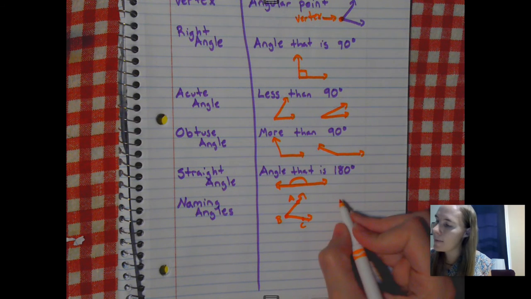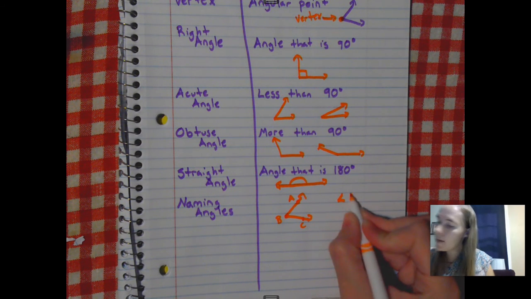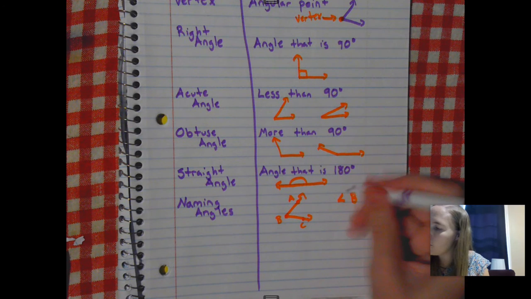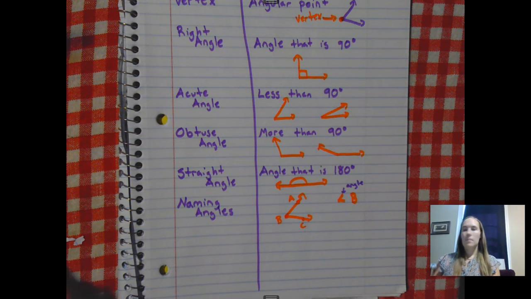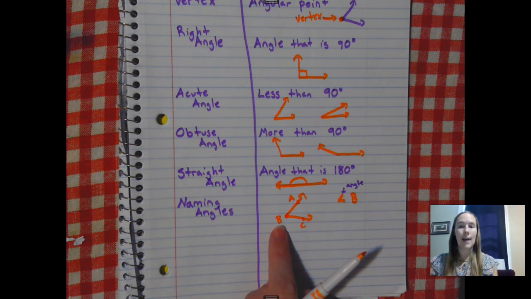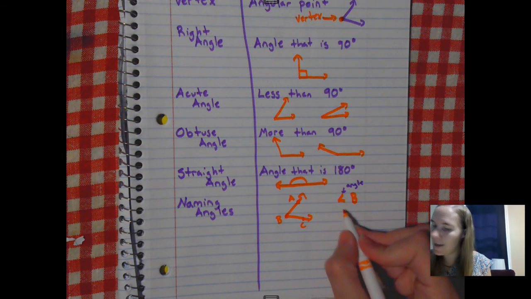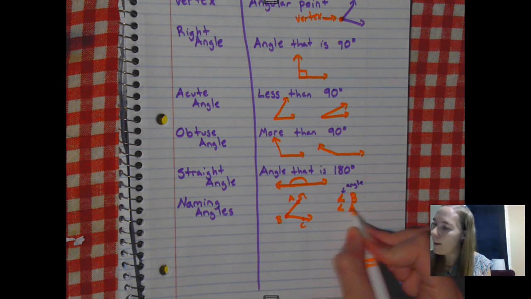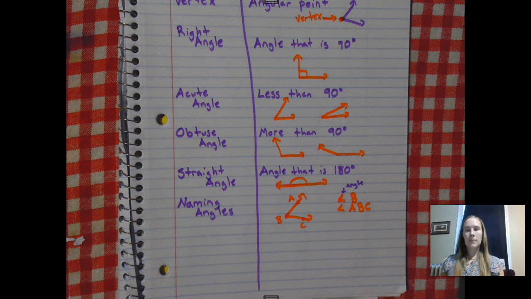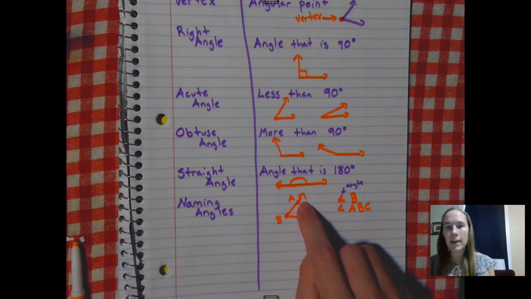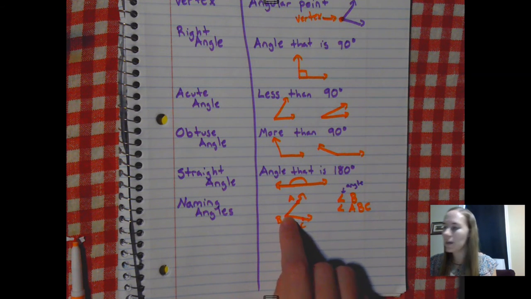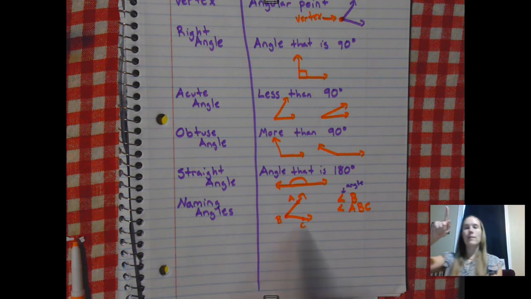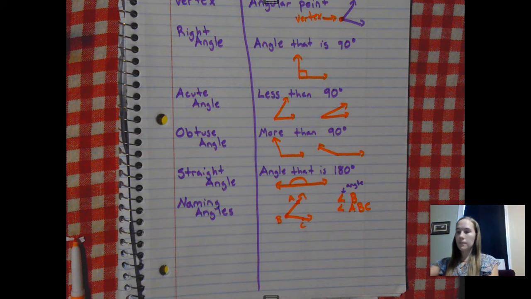We can either name it angle B. So this little sign here means angle, because B is that vertex, that point. We can name it angle ABC, because if we start here, we trace along, we go to B next, we keep tracing, we go to C next. So we have to keep that order.